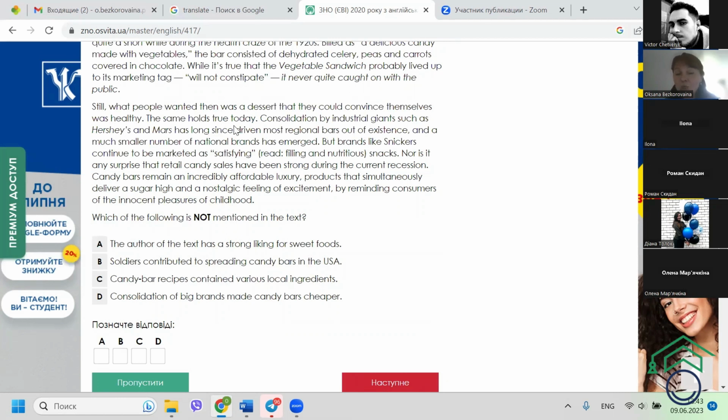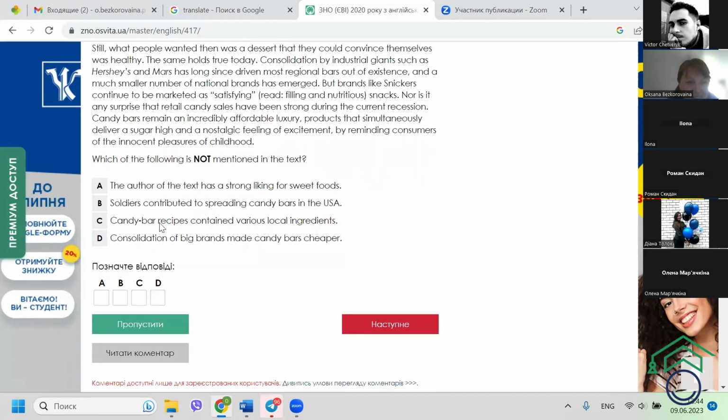Ми знаємо, що в одному батончику було nuts і chocolate, в другому батончику було celery, peas, селера, горох. Правильно, це і є різні інгредієнти. Тоді навіщо читати, якщо у нас залишається варіант D? Consolidation of big brands made candy bars cheaper. Так, not mentioned, D.